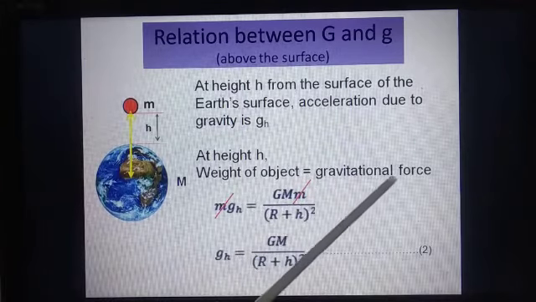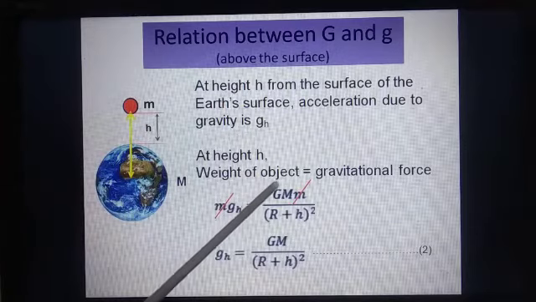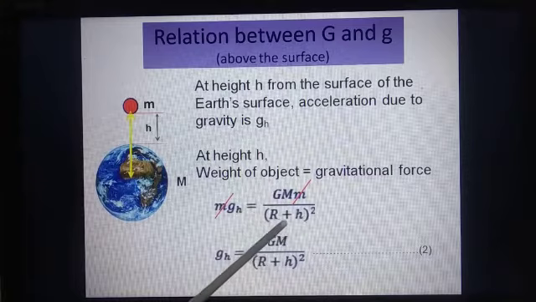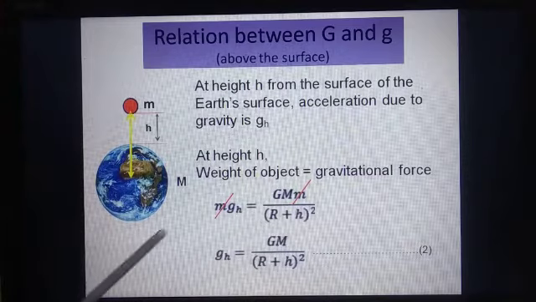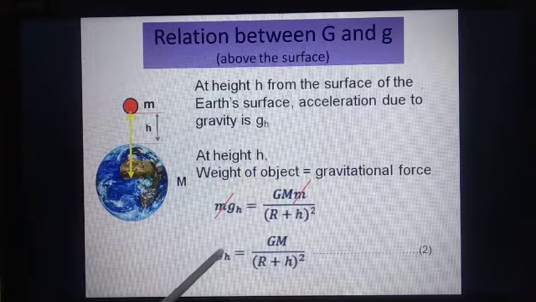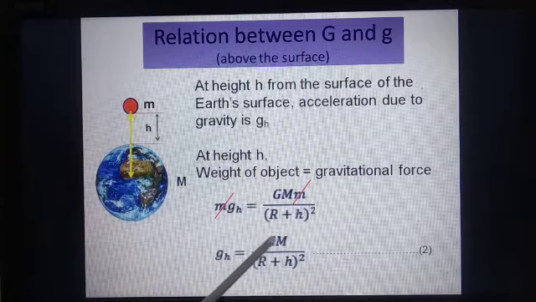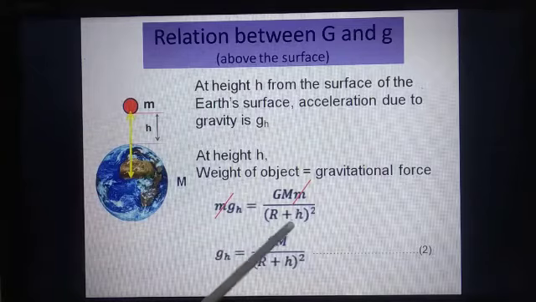We find the gravitational force at height h by the formula GMm upon (r plus h) whole square. Here once again m gets cancelled, and the relation between small g and capital G is gh equals GM by (r plus h) whole square.